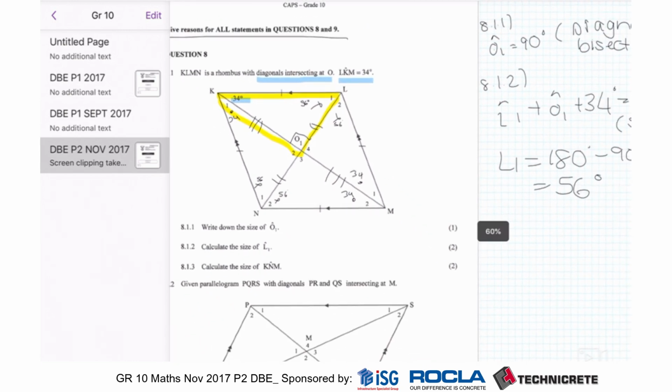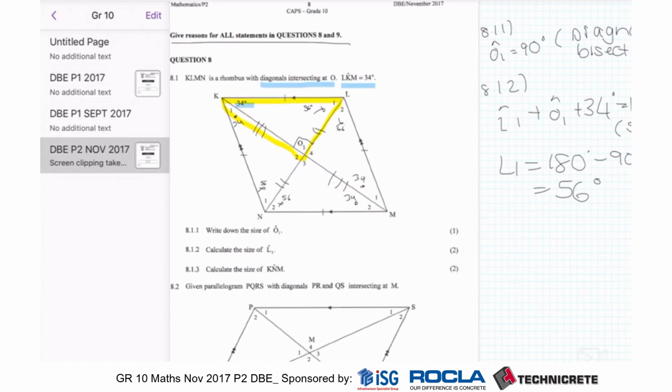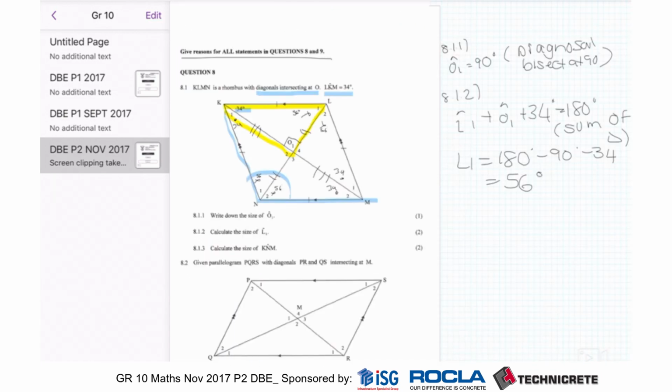Okay. Calculate the size of K and M. So K to N to M. So they want the whole angle here. Very easy. We've already written down our information. We know what it's going to be. Just make sure that you articulate your answer correctly. So 8.1.3, firstly we've got to state that angle L1 is equal to angle L2, 56.